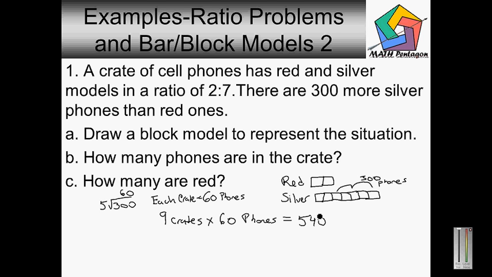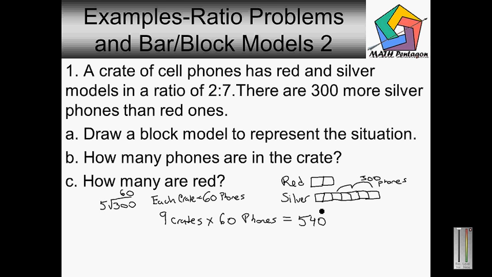So now we know the total amount, and then we want to know how many are red. So we have 2 crates, 2 blocks, whatever you want to call it.